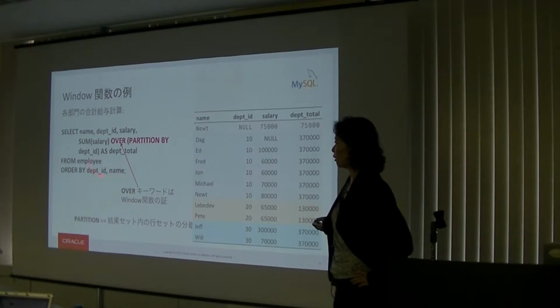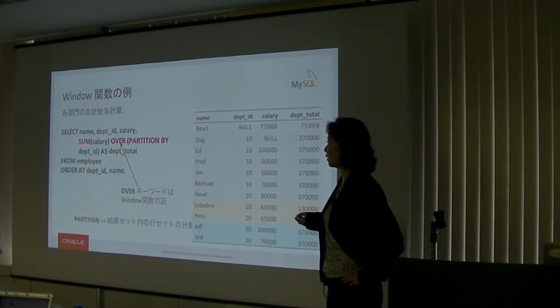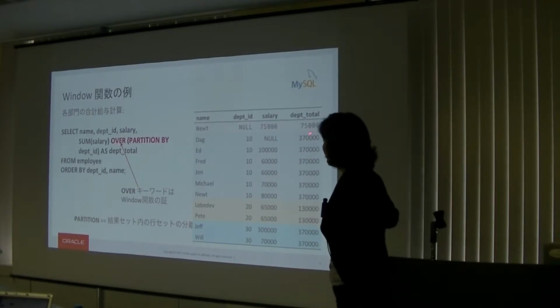And we want to sort by department ID and name. So OVER PARTITION BY is a keyword that indicates that the sum of salary is a window function. The result would be something like this.